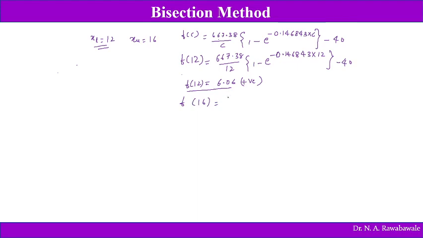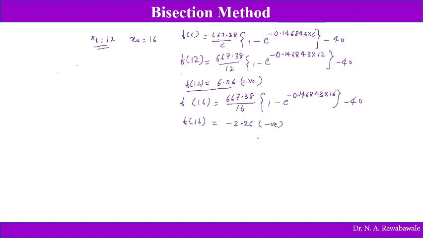So f of 16 is 667.38 divided by 16, in this bracket 1 minus e to the power of minus 0.146843 into 16, minus 40. On simplification, f of 16 works out to be minus 2.26. So now this is negative.